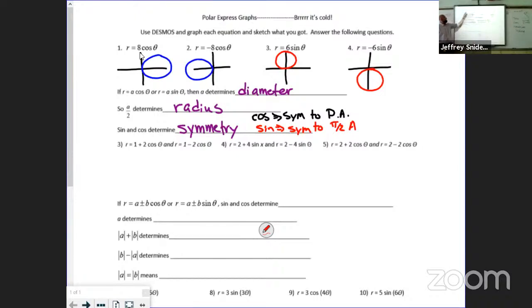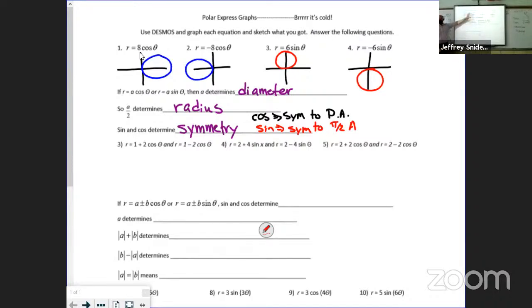Look here. Where's cosine positive? Quadrants 1 and 4. That's why when it's a positive cosine, it's here on the right-hand side. And when it's negative, that's why it's in quadrants 2 and 3, what we thought of before, because that's where cosine is negative. So that symmetry goes along with what we did in the past.